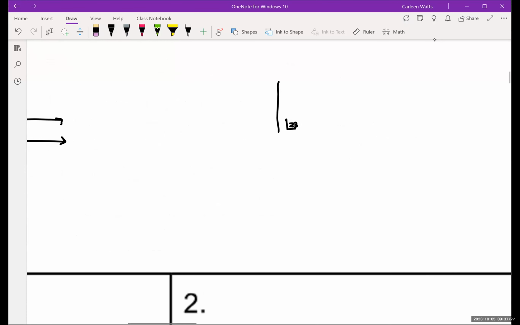It's very crowded, so let's make these disappear. I'll rewrite alternate exterior over here. Okay, alternate interior.